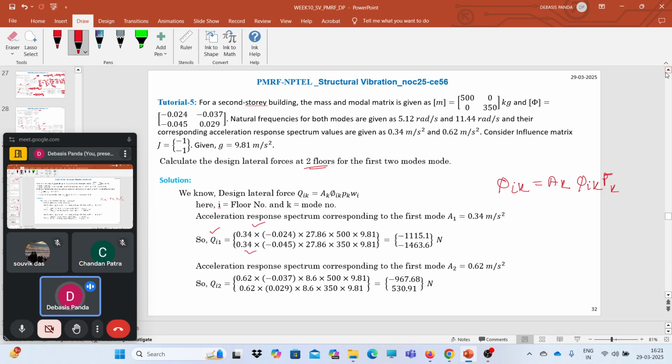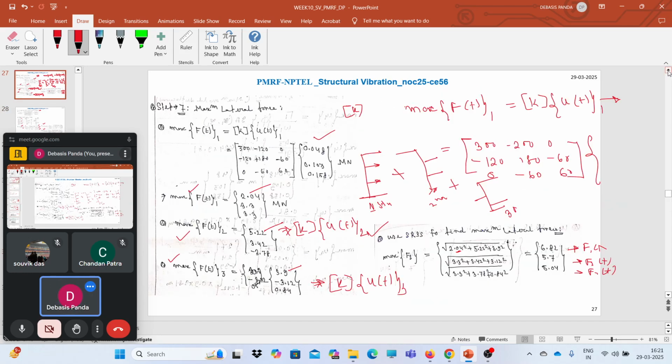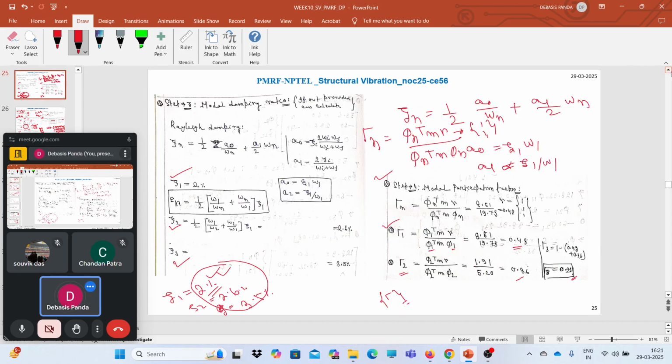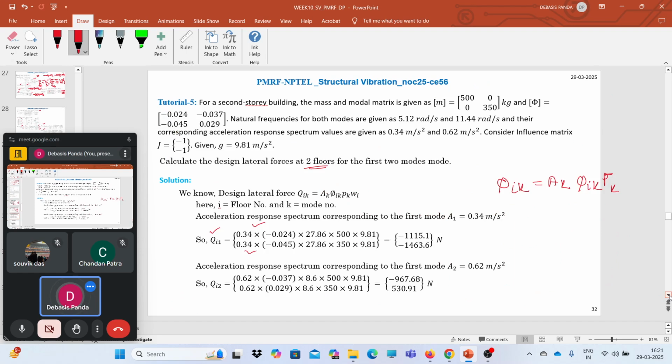Already we have solved for this example. If you have seen here, design lateral forces for different stories, we have already solved it for different stories using the concept of this modal participation factor in the previous example. So here, what will be the next step?